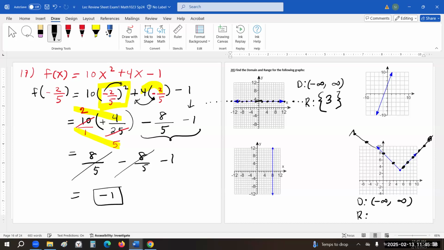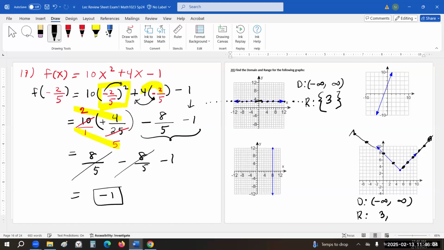Range is the y. So what is the smallest y value you have in your graph? Here, right? 3. Do you have any y value at 2? No. At -2? No. The smallest y value we have in our graph is 3.